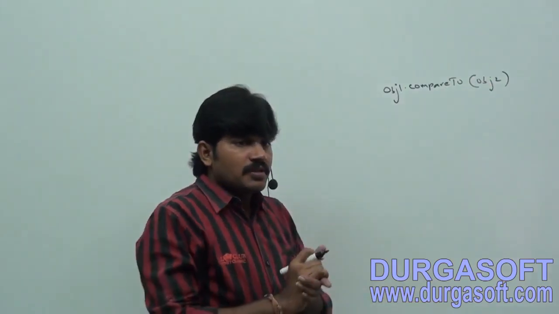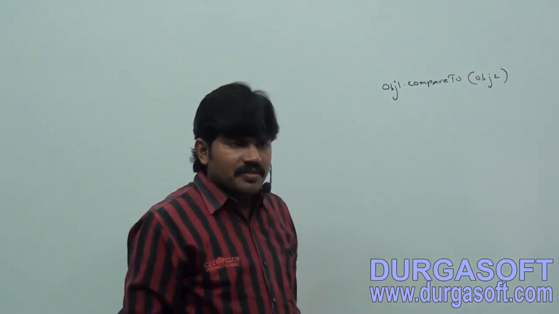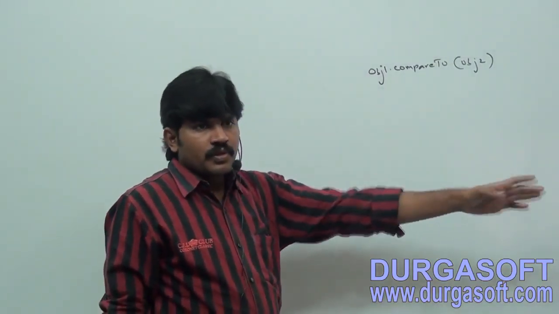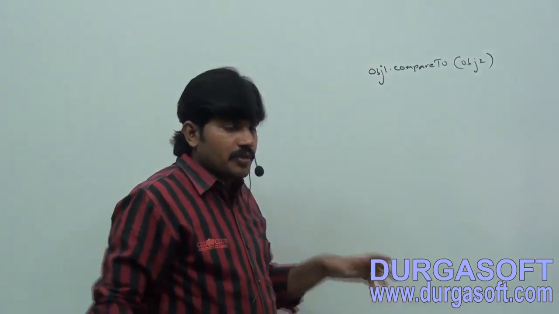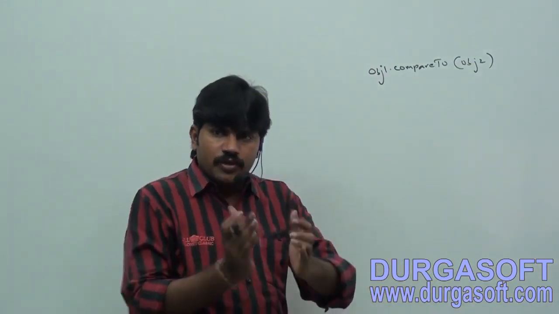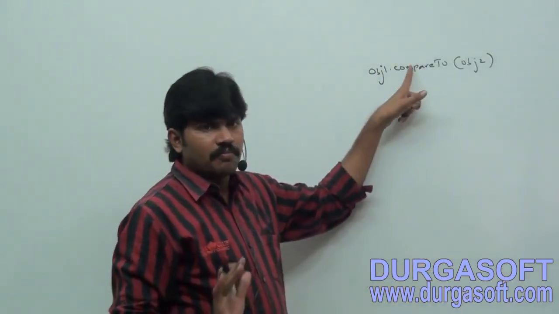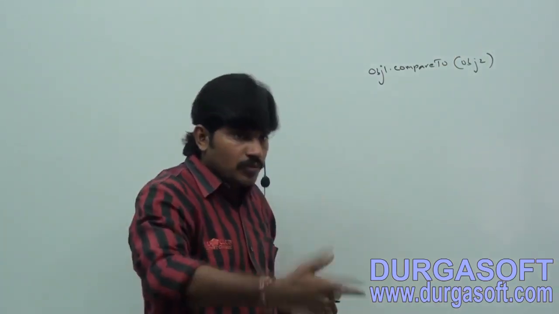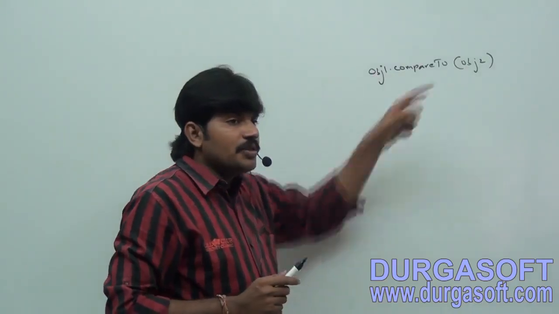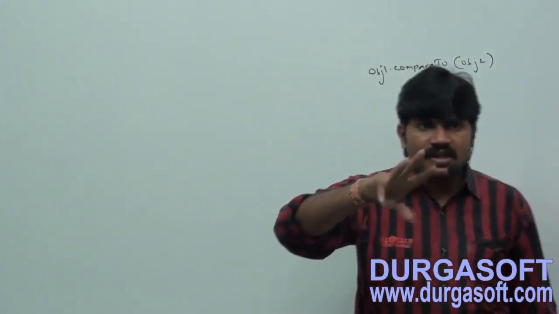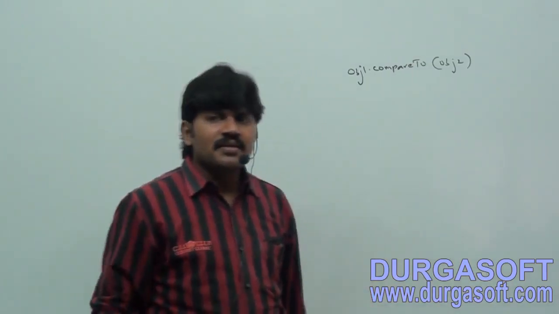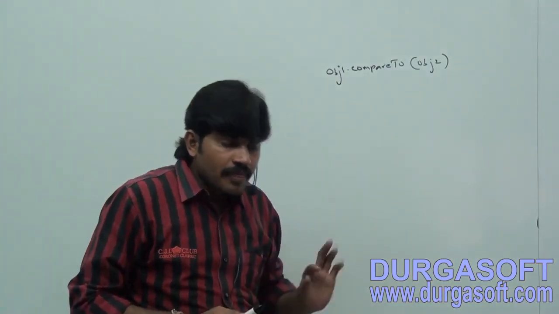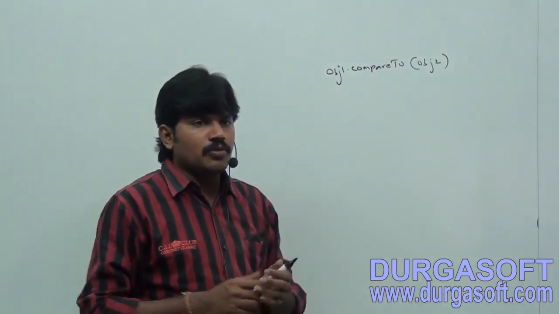If I compare two objects, how many possible results are there? obj1 can come before obj2, or obj1 can come after obj2, or obj1 and obj2 are both equal. So there are three results.